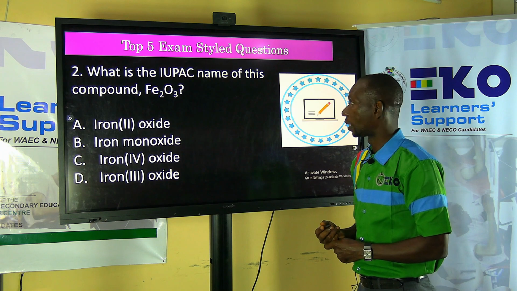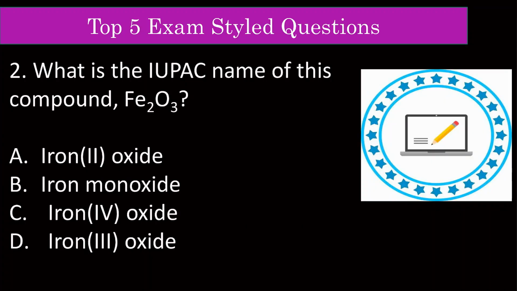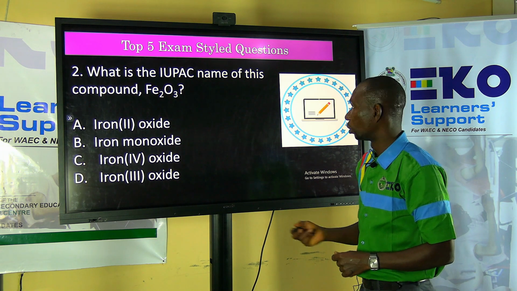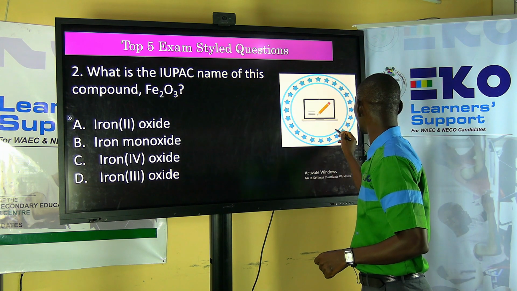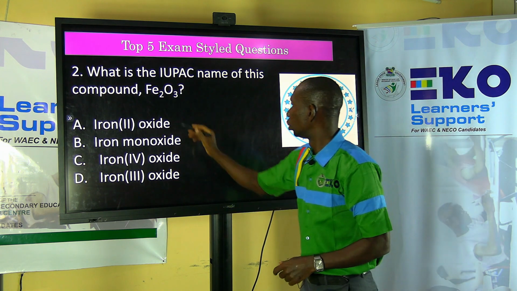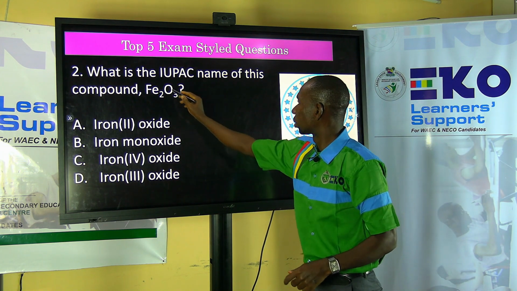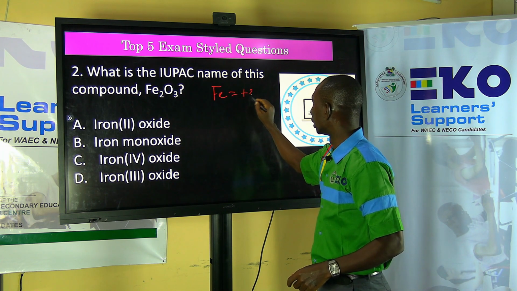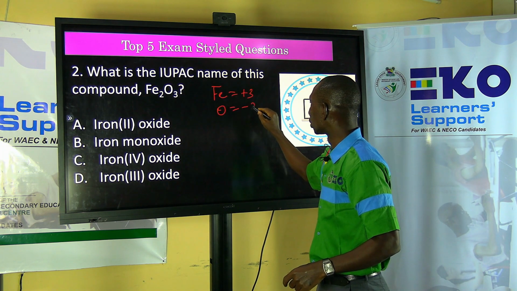The second of our top 5 says, what is the IUPAC name of this compound? Okay, Fe2O3. So we need to calculate what is the oxidation state of iron there. You will see that before this compound was formed, iron itself was +3, while the oxygen was -2.